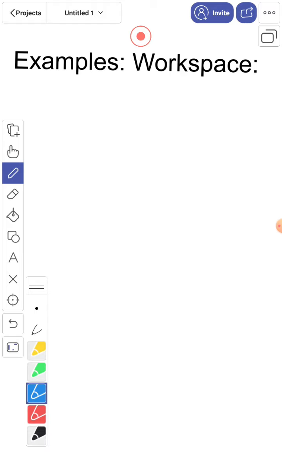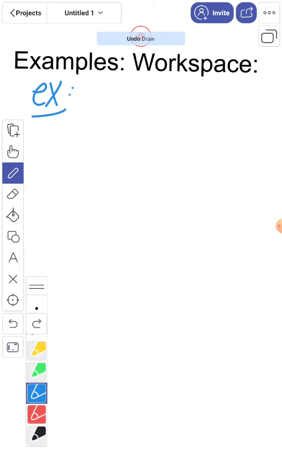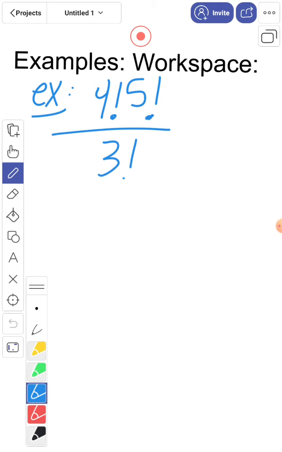Okay, so now let's do some where we're simplifying. And so say I have an example where it's like, okay, 4 factorial, 5 factorial, all over 3 factorial.